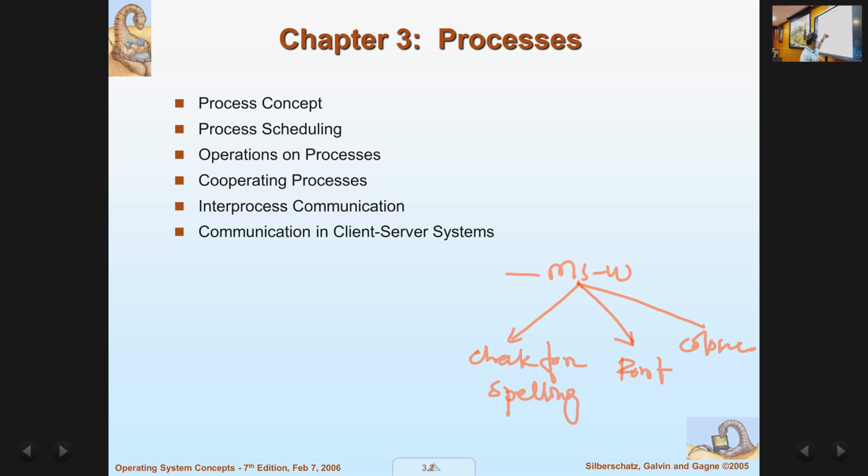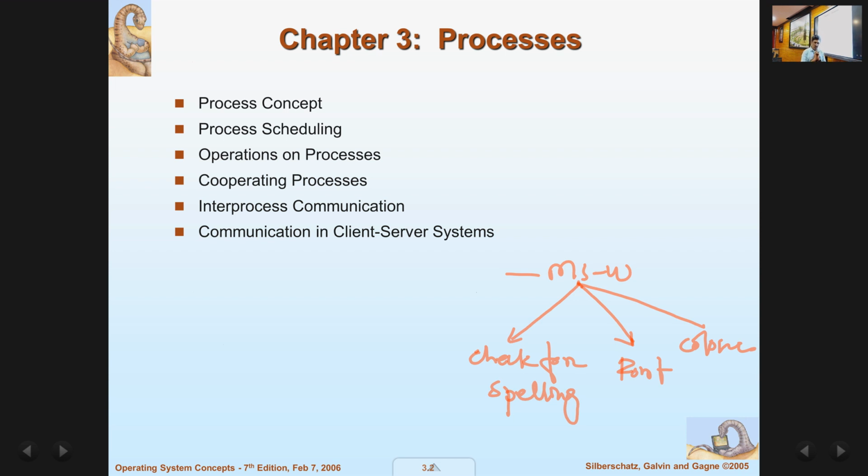Whenever you are using the spell check utility, a process that takes care of spell check starts. Whenever you are changing font, a process that changes the font will start working, and the same case with any other activity that you would like to do with the document.